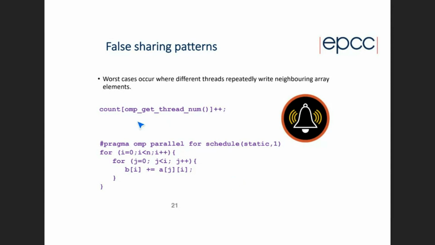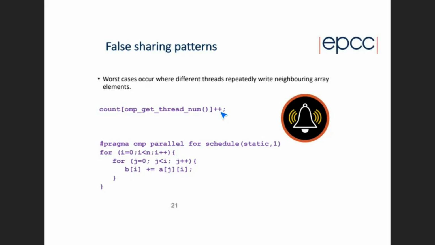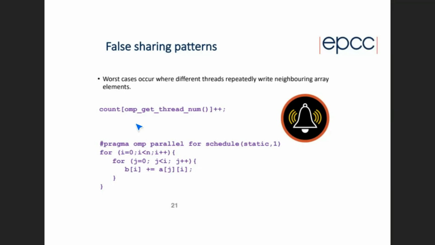If, for example, you're inside a parallel region and you want to have a shared array and you're counting something on every thread, so you use your thread number to index a shared array and do something to it, and write values into it, say increment it frequently, something like that will cause this problem, because I have different threads writing to neighboring elements in that array.